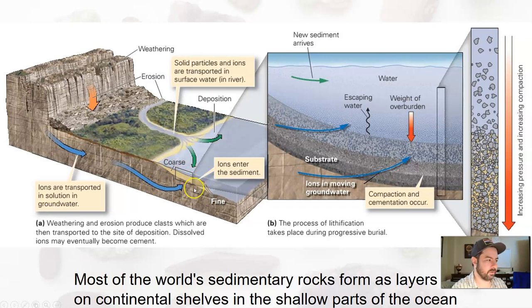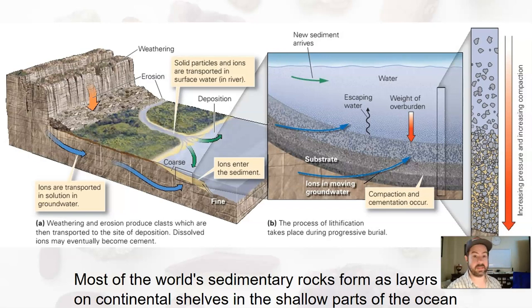However, I'll say it again, most of the world's sedimentary rocks form as layers on these shelves in the shallow parts of the ocean. You get water taking sediment, depositing that sediment in these shallow parts of the ocean. That sediment builds up, compaction, cementation occurs, voila.